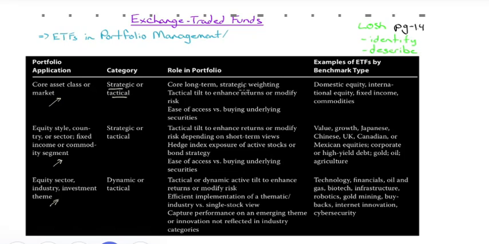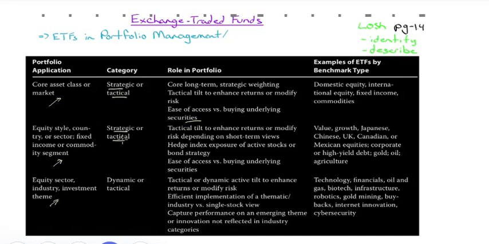Core long-term strategic weighting, tactical tilt to enhance returns or modify risk, ease of access versus buying the underlying securities, especially with fixed income. The equity style, country or sector, and for fixed income or commodity segments, again, strategic or tactical. We may decide that we want commodity exposure for 5% of our portfolio, but really don't want to be in commodity equities such as mining companies, etc.